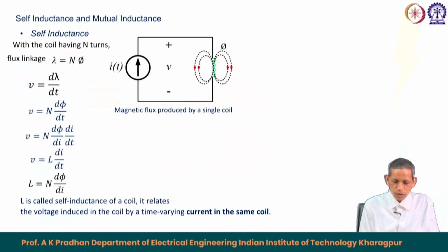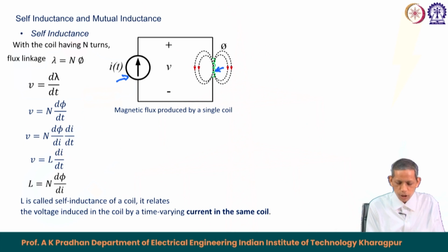So, let us consider a coil here as shown with the green mark, having n number of turns, and this coil is energized with a current source i(t).